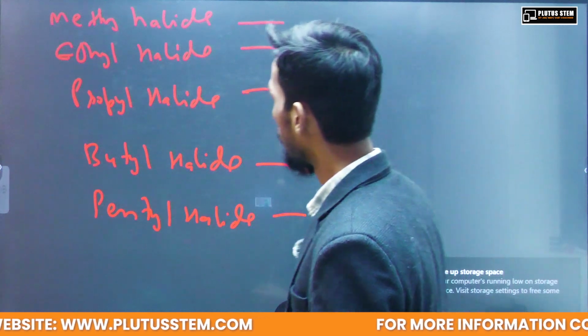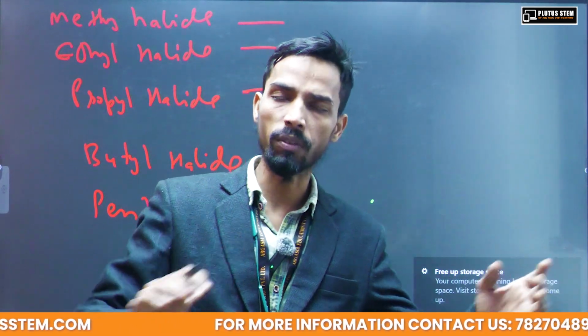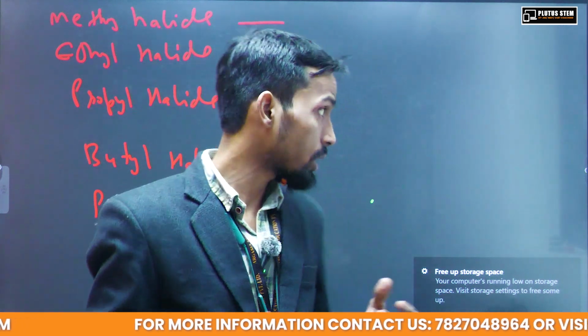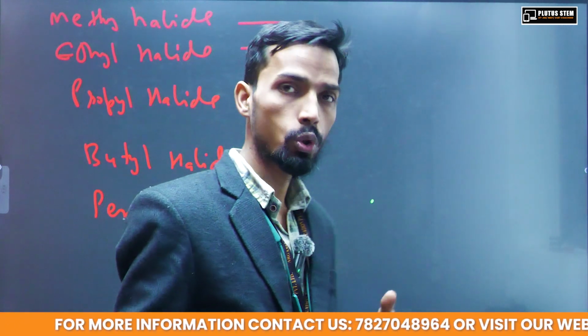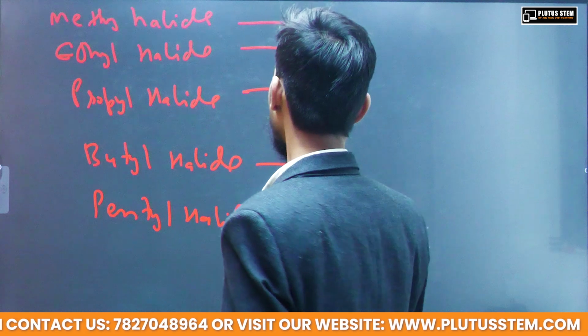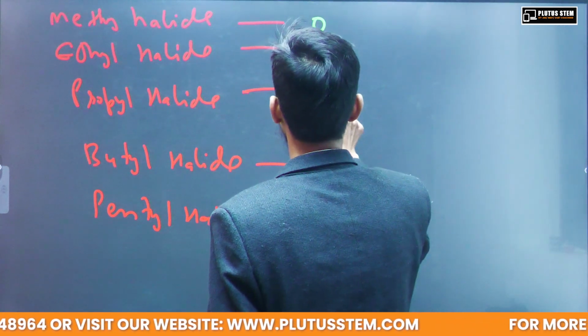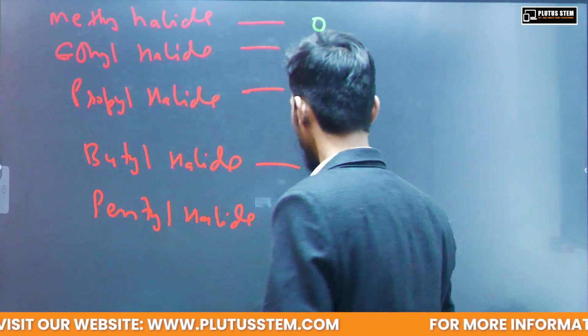So what we are going to see is how many isomers are going to be formed. We have taken around half an hour just to draw all these structures. So within a fraction of a second, you can tell how many structural isomers are present: 0, 0, 2, 4, 8.